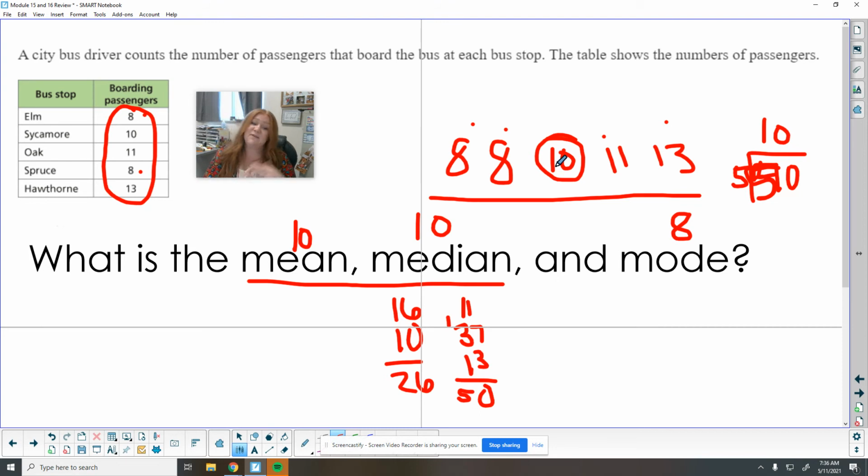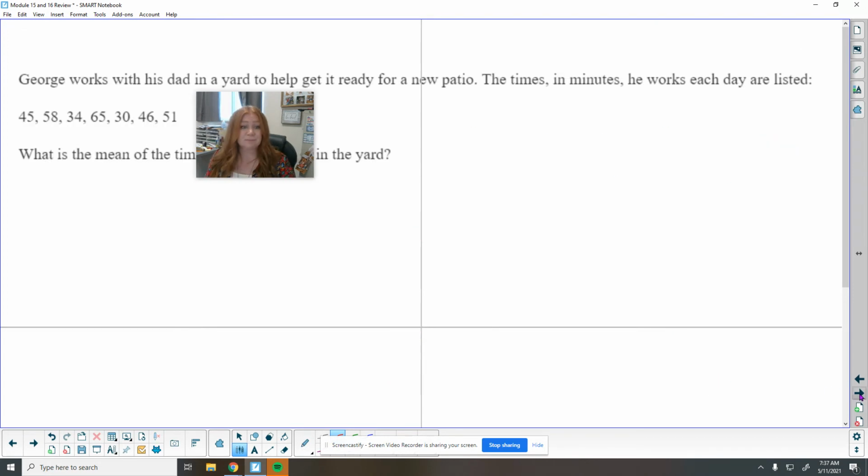So sometimes fewer got on, sometimes more, but overall, about 10 people were getting on the bus every time. So this mode, yeah, it occurred the most often, but there's also 3 other numbers that are bigger than that. So I don't really feel like this is a good representation, but either of these would be a good representation of that data.